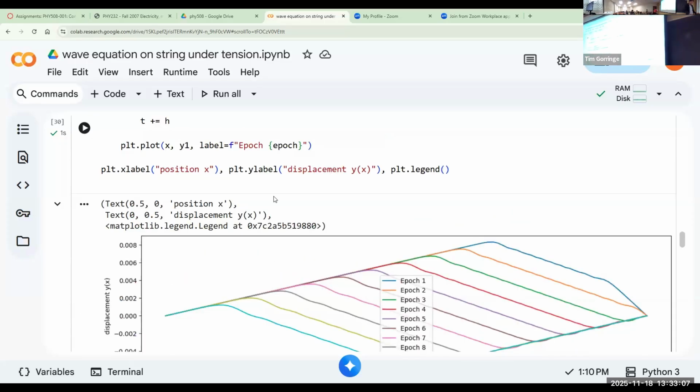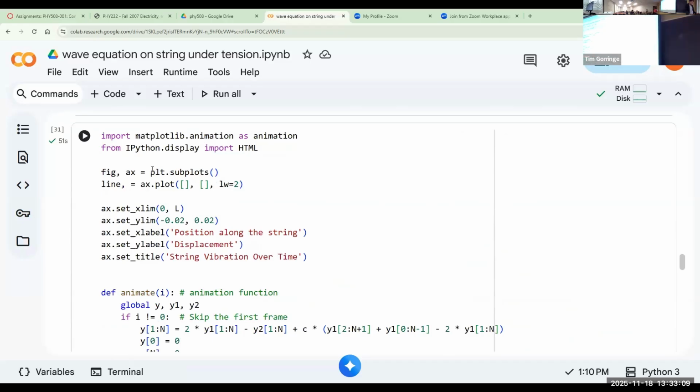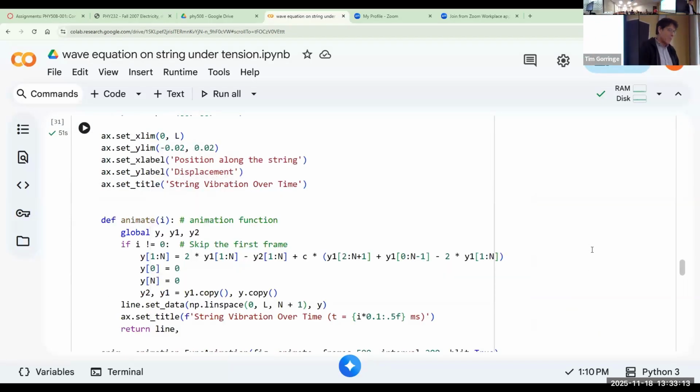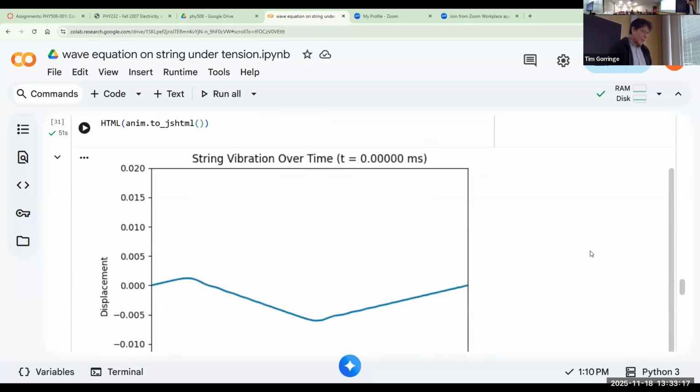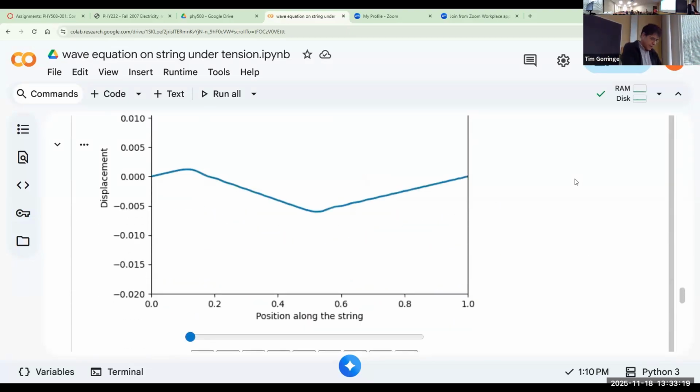I did one more thing. I won't run this cell or go into the details of the animation, but I made a little animation of it here. And we can at least take a look at that.